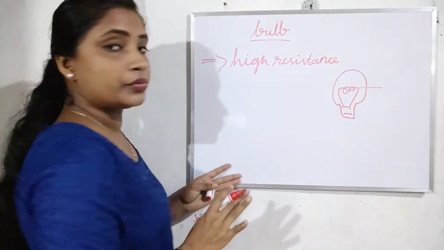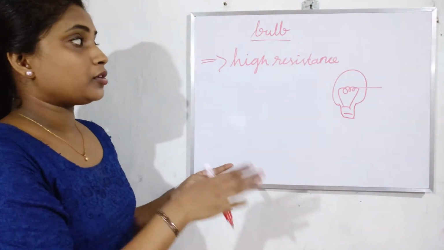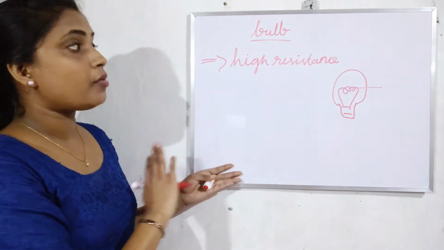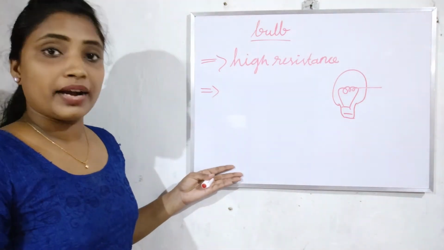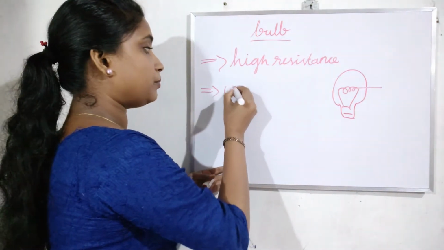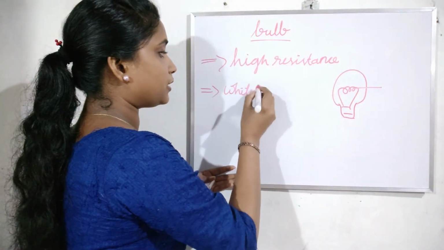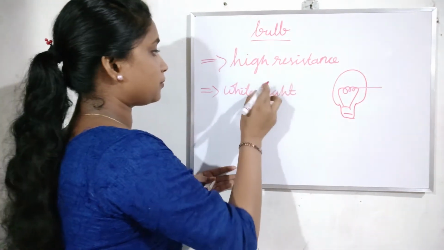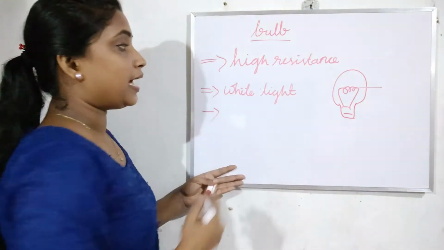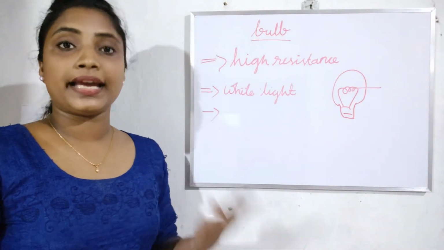As with the laundry iron box, the material of the filament also should have high resistance and it should emit white light. Simply I am writing white light, and it should have high melting point.